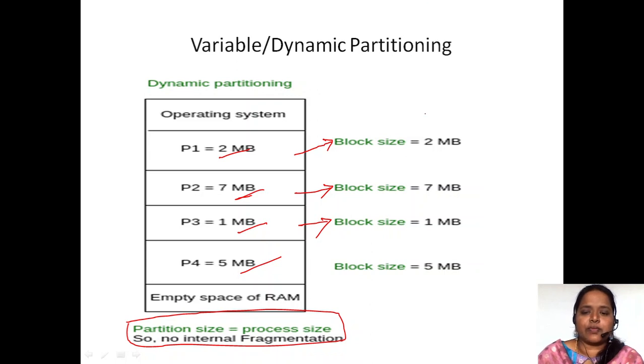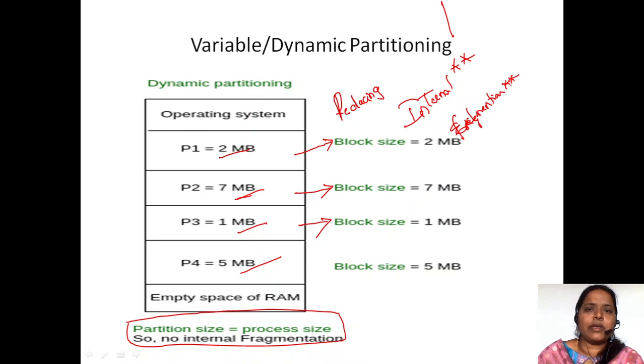So that's why we are completely eliminating or reducing the internal fragmentation. This is the important thing we have to keep in mind: in variable or dynamic partitioning, we don't have internal fragmentation.